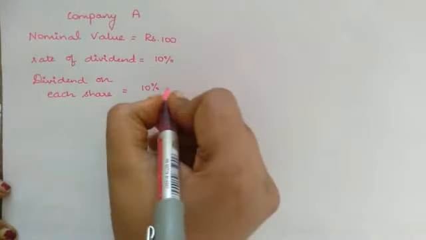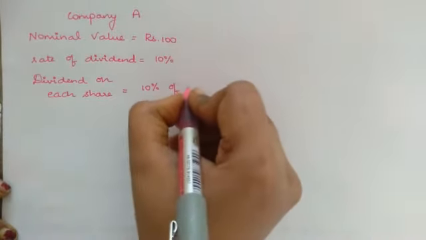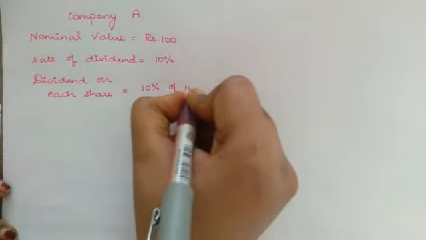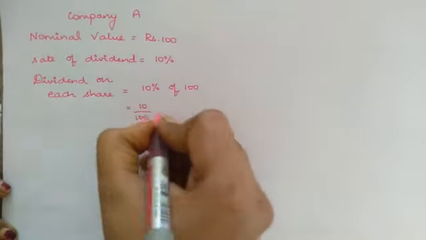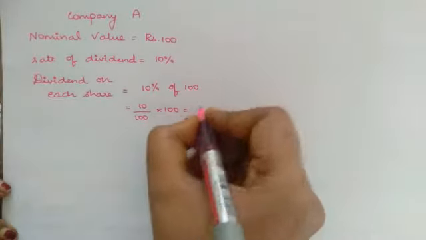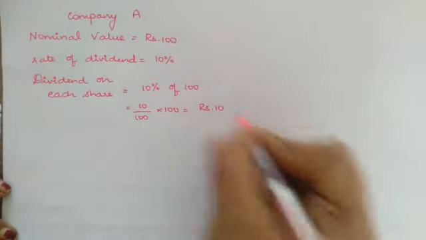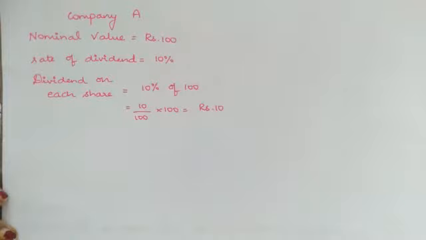It is 10% of the nominal value, that is, 10% of 100, which is 10 by 100 into 100, which is rupees 10. So rupees 10 is paid as dividend on each of his shares.